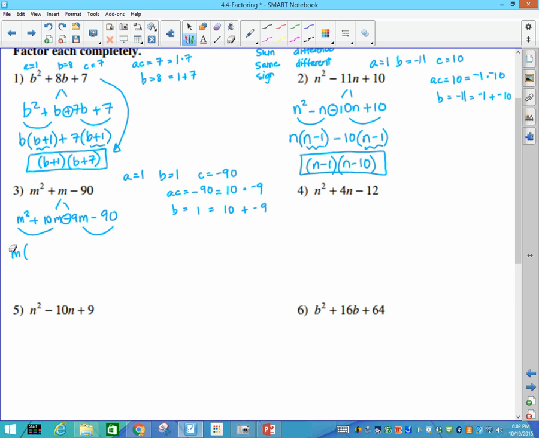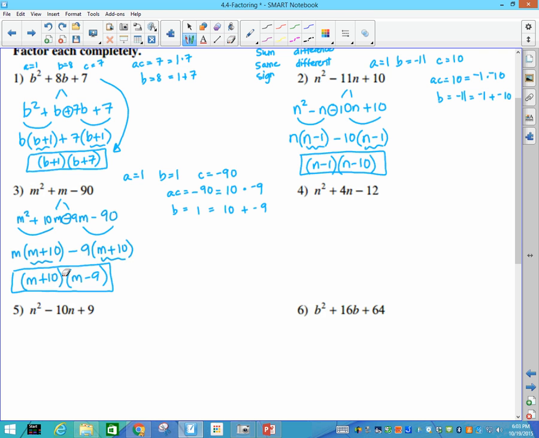And that gives me m times m plus 10 minus, always use that sign, they have a common factor of 9, and I'm going to write it down, and I'm not sure, so I'm going to check it. Minus 9 times m is minus 9m, minus 9 times 10 is minus 90. And here is that common factor that I'm going to bring out. So that's m plus 10 times m minus 9.